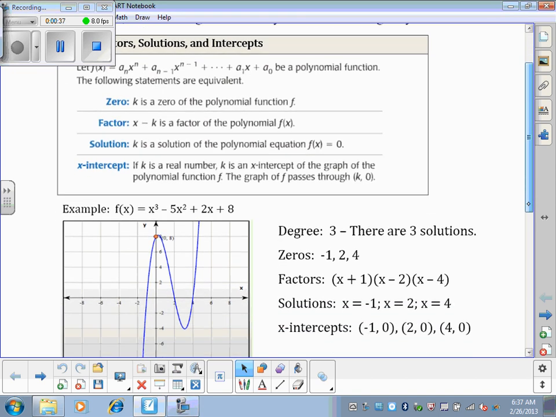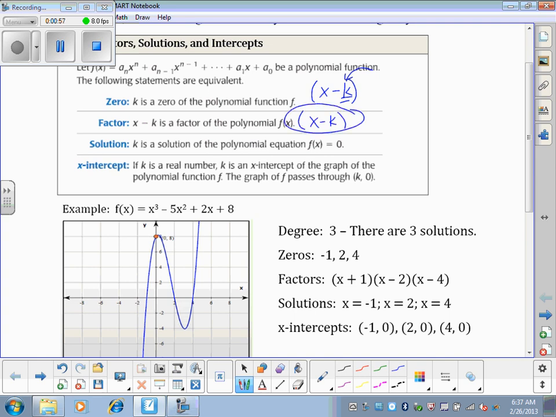So when we talk about a zero, usually we write something like x minus k. When we're talking about the k, that's going to be our zero, okay? Same thing. The k is the zero. This whole entire thing, this x minus k, is the factor.